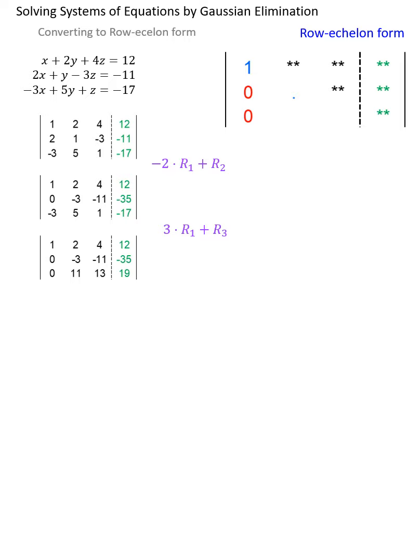The next thing I like to do is move to the second column and create a 1 there where I need it. Now, currently, we have a -3 in that slot. So I thought of this pretty clever thing, if I do say so myself, of multiplying the second row by -4, because what it did is it changed this -3 into a +12. And again, you have to ask yourself, why on earth would we want a 12 there?